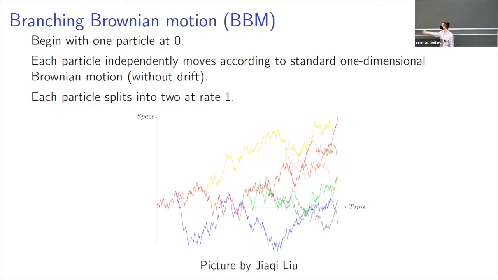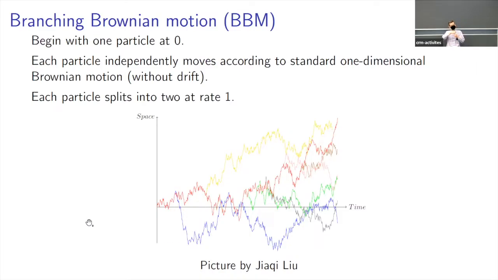Here is a picture of branching Brownian motion. It was created by my graduate student, Jiaqi Liu. So we begin at time 0 with one red particle at the origin. It moves according to one-dimensional Brownian motion for an exponentially distributed time with rate 1. And then it splits into 2 particles, a red particle and a blue particle.